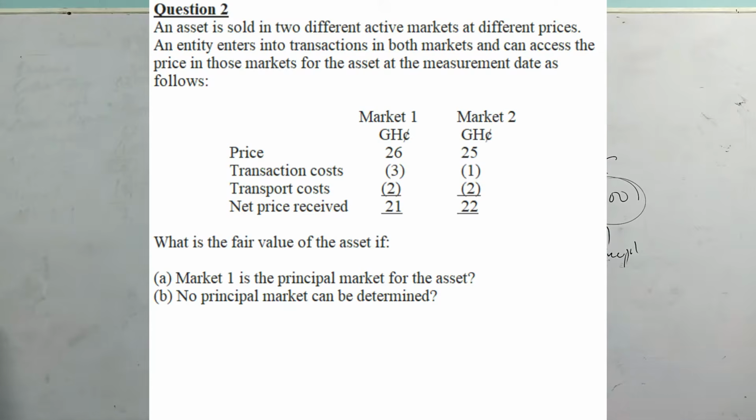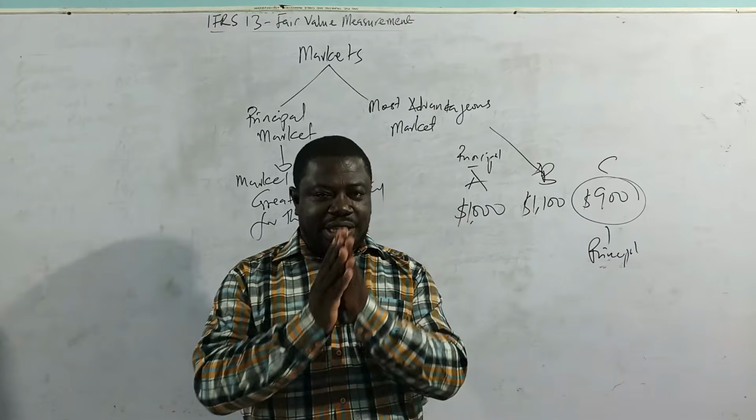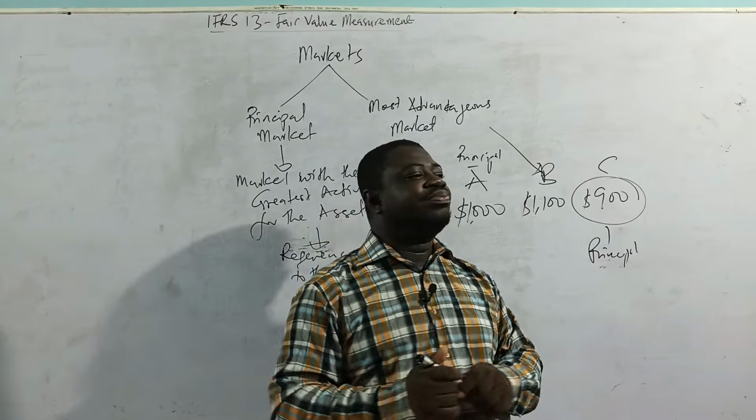You could see that in market 1, the net proceeds to be received is 21 cedis after taking out transaction costs and transportation costs. In market 2, the net proceeds is 22 cedis after taking out the transaction costs and the transportation costs. And the requirement is, what is the fair value if A, market 1 is a principal market of the asset? Now, there is a rule with transaction costs, and I'm going to explain to you.